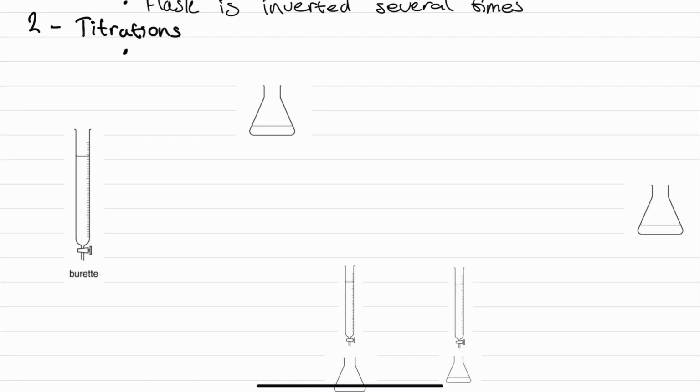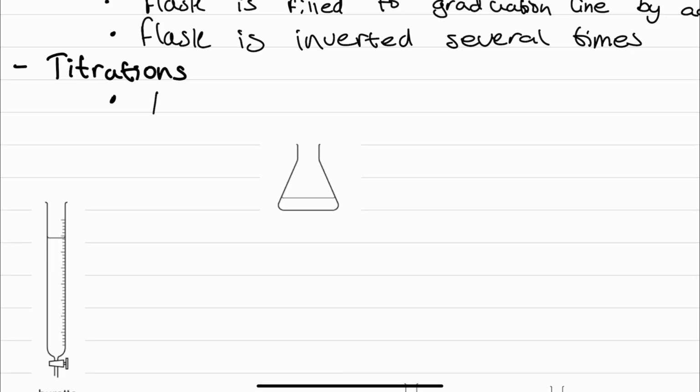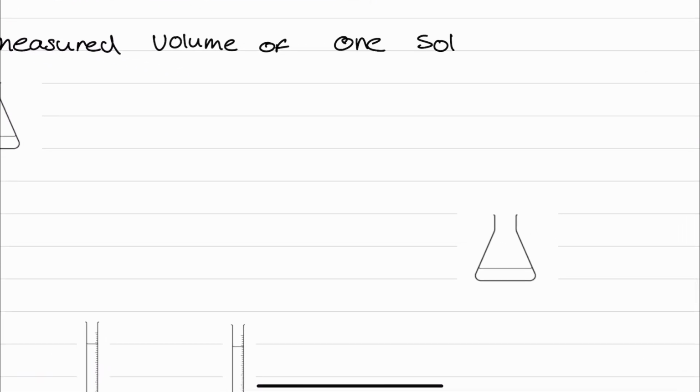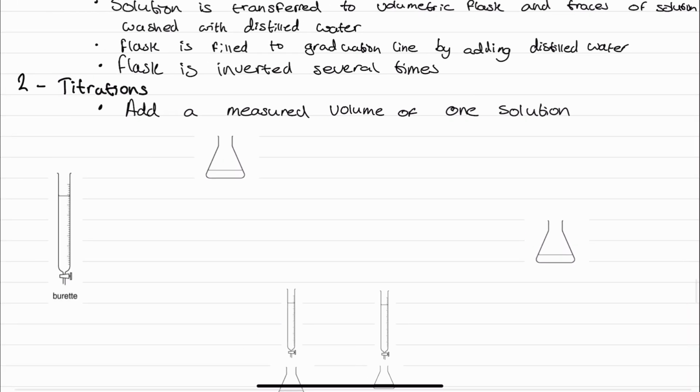Now, for the titration itself, step number 1 is to add a measured volume of one solution to a conical flask. Now, this is usually the standard solution.